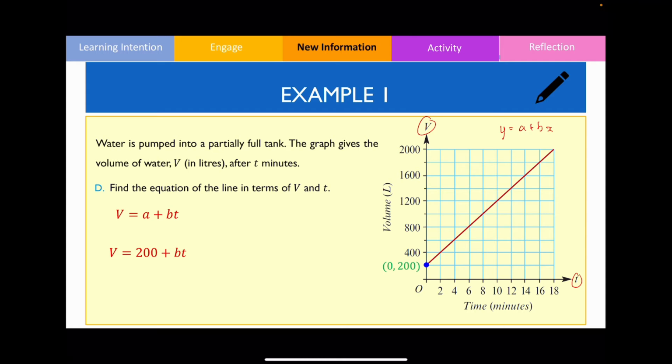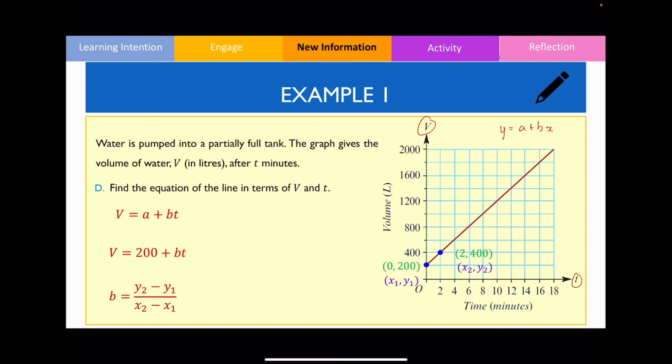So the last thing for us to do is to find out what our slope, our b value, is, and our gradient can be determined by using this formula over here. In order for us to use this formula, we need to know 2 coordinates that lie on the straight line. I've already got the first coordinate, which is our y-intercept. So I'm going to choose this coordinate over here that lies on the straight line. After I've done that, I'm just going to label both coordinates as x1, y1, x2, y2 like so, and substitute the values in.